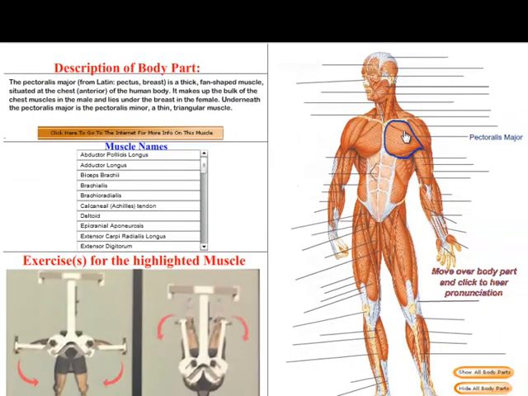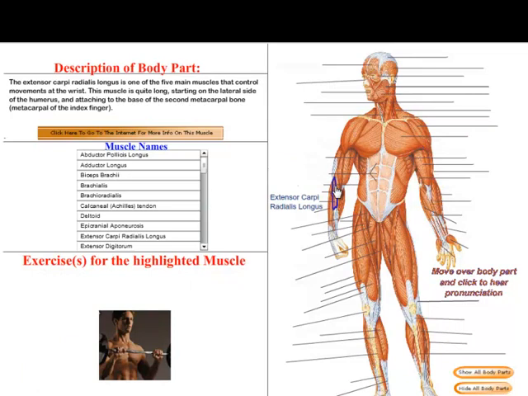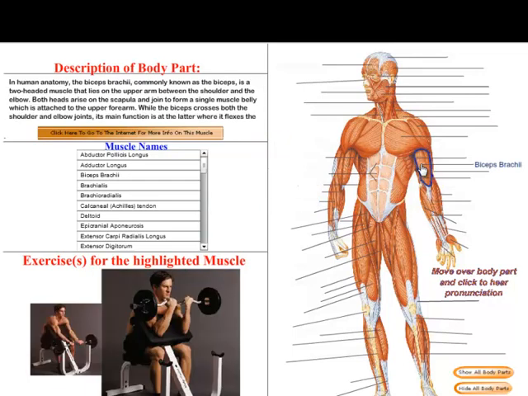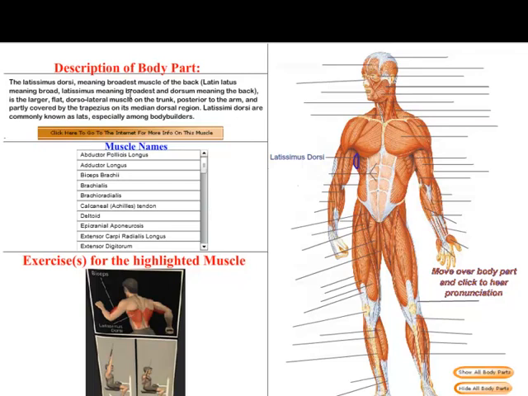So each muscle that you roll over, it gives a brief description of that muscle. Let's say we're rolling over the biceps brachii muscle. Each time I roll over a muscle, it shows in the description a brief description of that muscle.